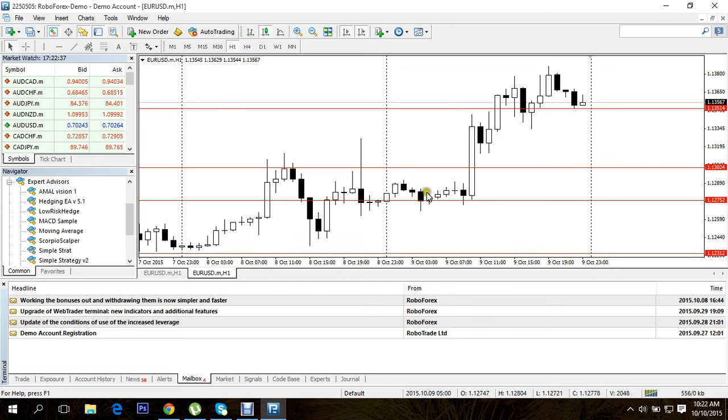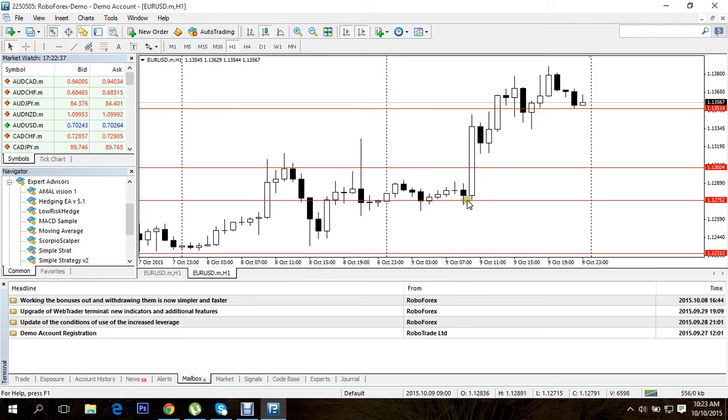Let's say we place a sell trade here, somewhere here, and our buy stop, the pending trade, which the EA will place, will be placed above here. So this is our range.